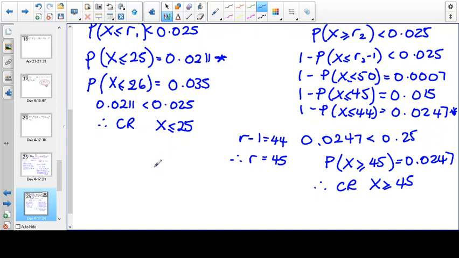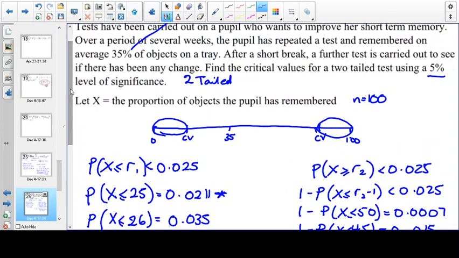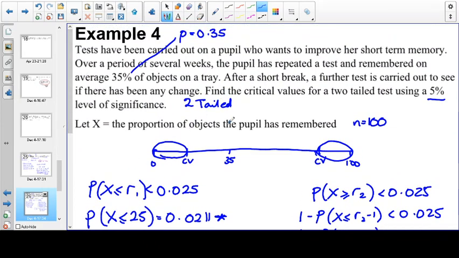Or she might have remembered 40, in which case that doesn't fall in any critical region, so we could say that there's been no change. So they could potentially ask you or give you a test statistic for you to work with.